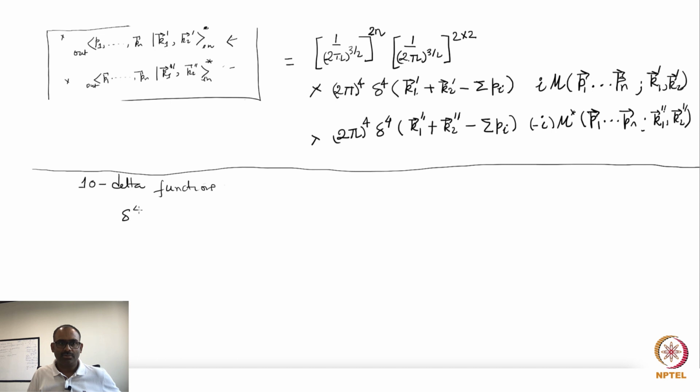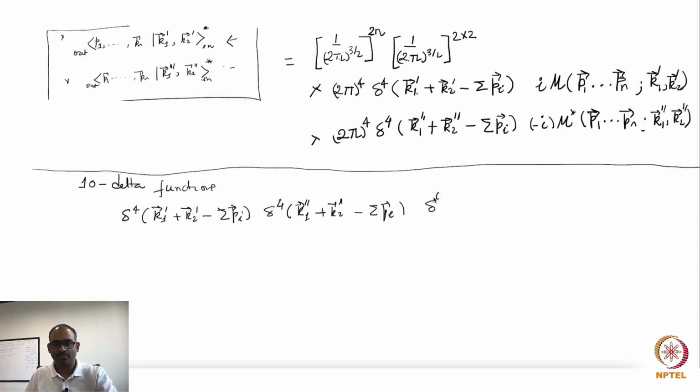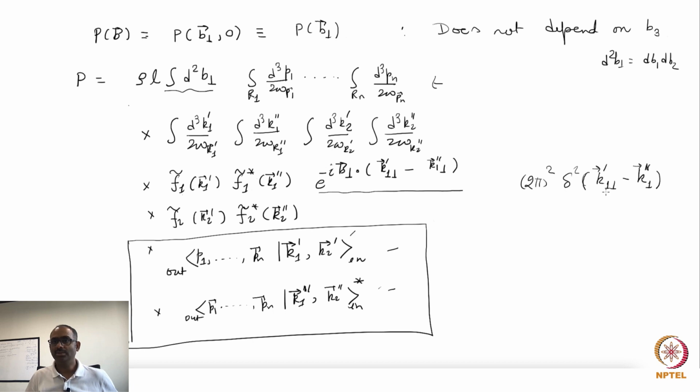Delta 4 of k1 prime plus k2 prime minus the summation over pi, then delta 4 of k1 double prime plus k2 double prime minus the summation over pi, and times delta 2 of k1 prime and k2 prime, the perpendicular components of them.